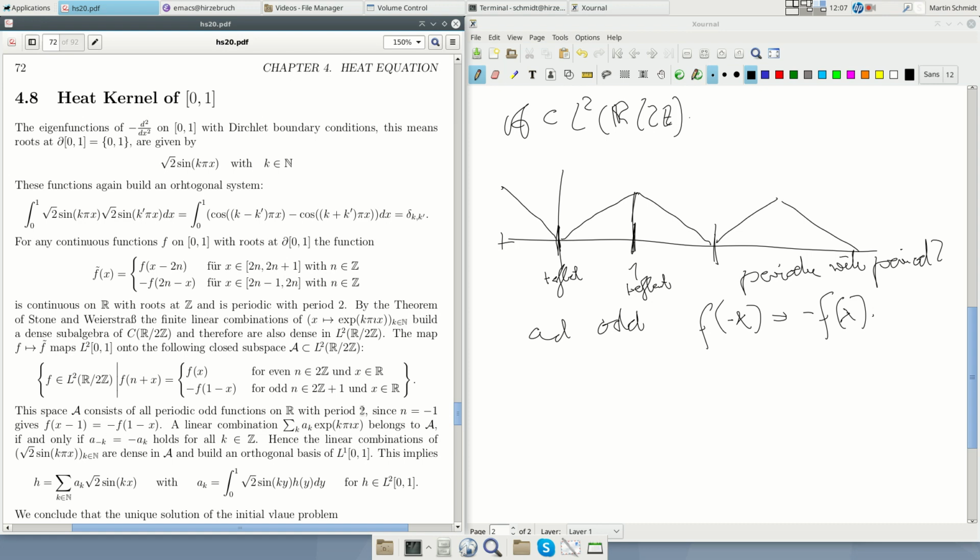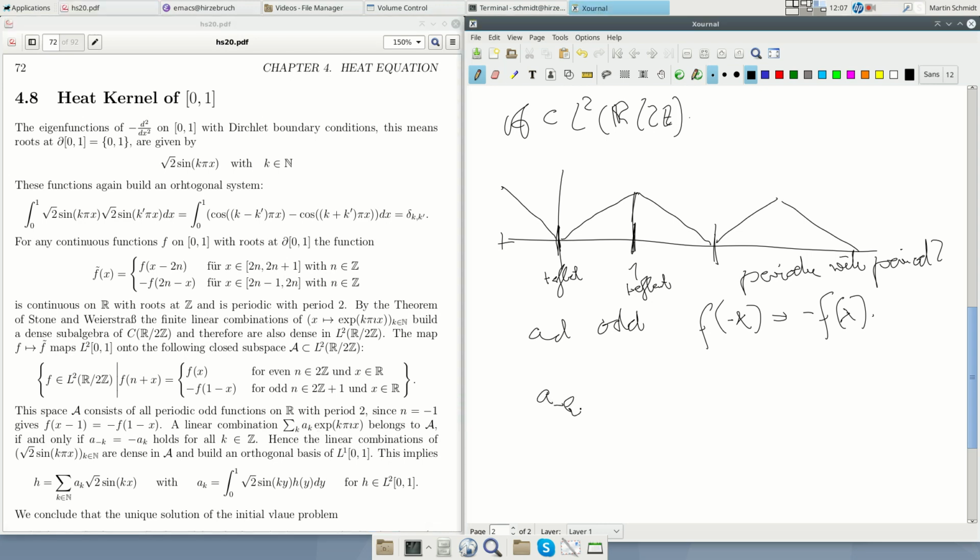And if we write this in this form here, again like in the last section, then we see we have the condition that a_{-k} should be equal to -a_k.